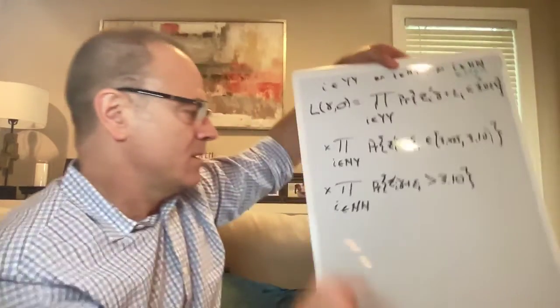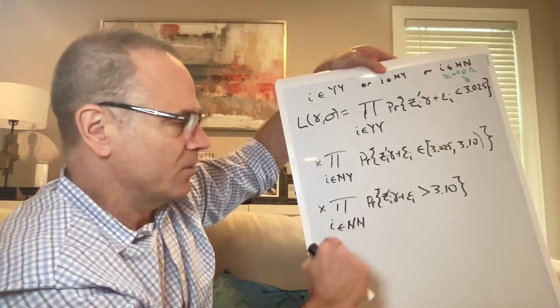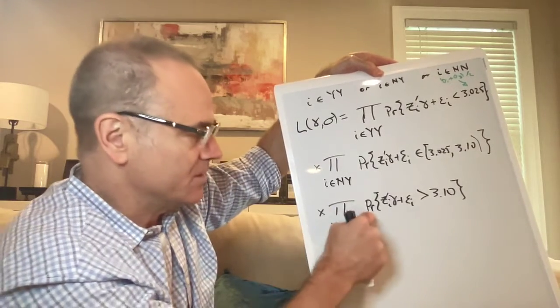Let's look at the second easiest. The second easiest is the probability I votes nay nay. I'm going to do this third one here.